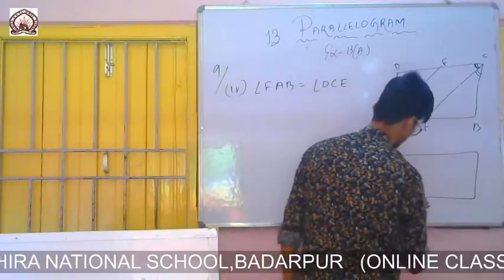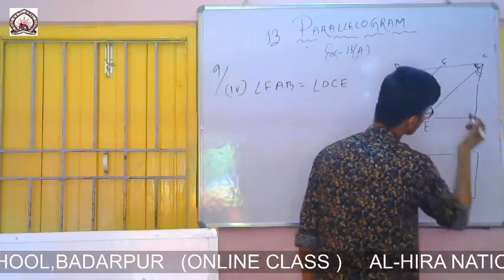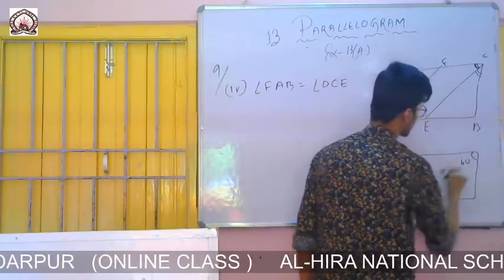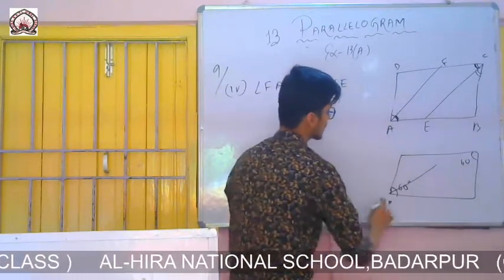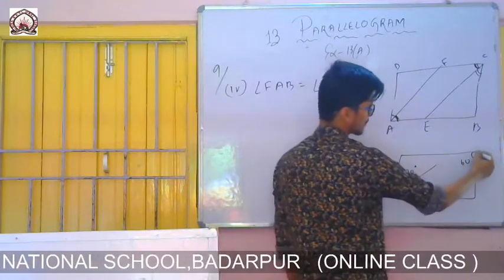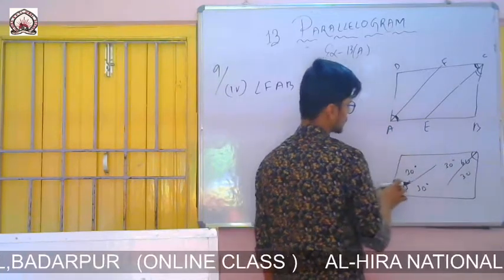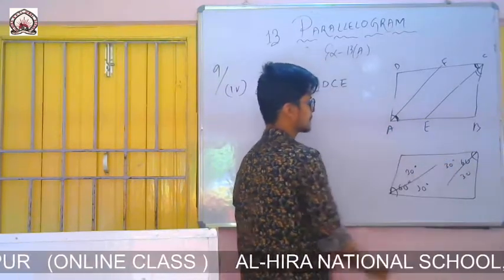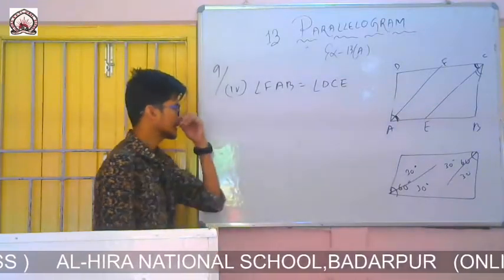If angle A is 60 degrees, then angle C will also be 60 degrees. If I bisect this one, each angle will be equal to 30 degrees. There also, if I bisect this one, each angle will be 30 degrees. That means this angle and this angle are the same. So I can write that it is true.